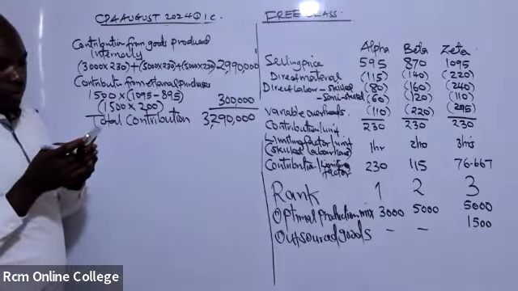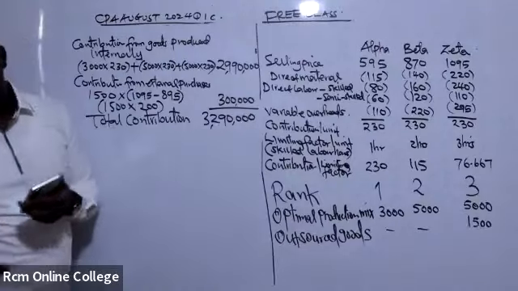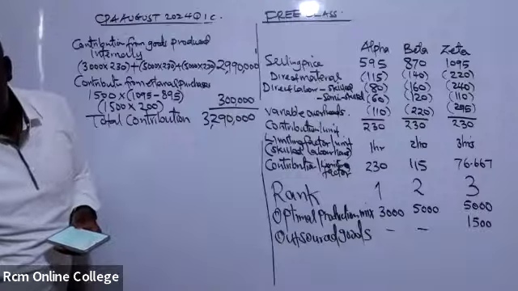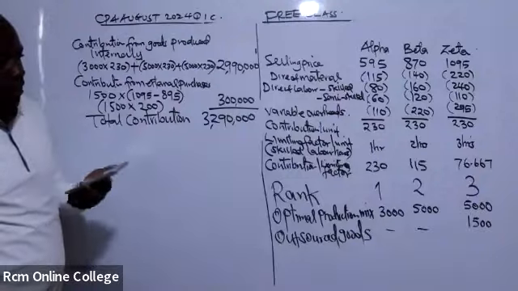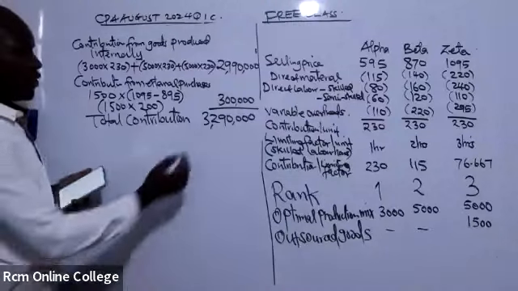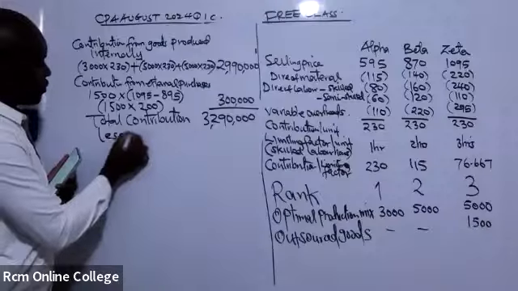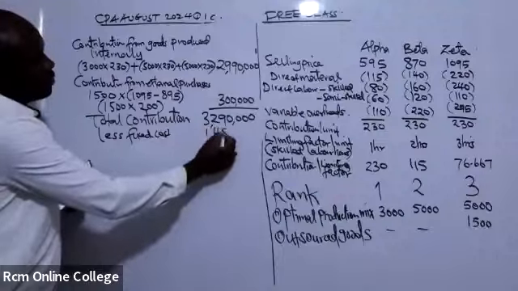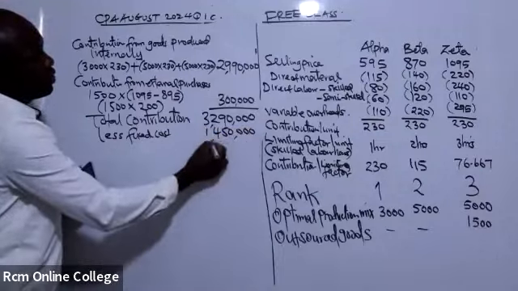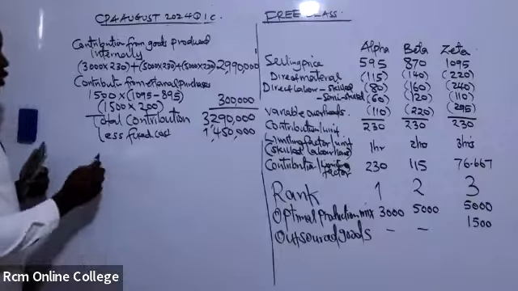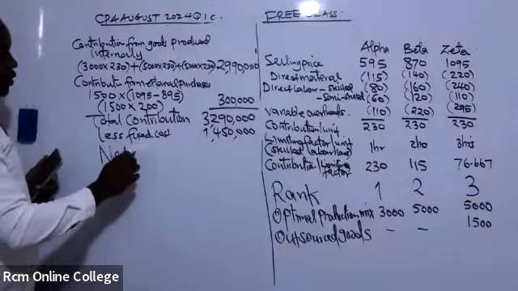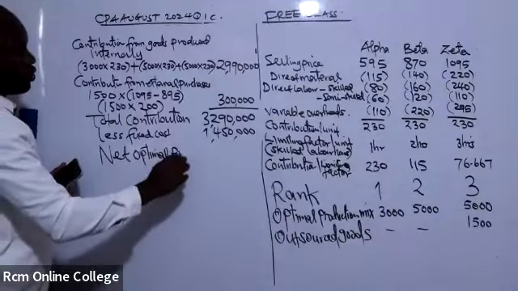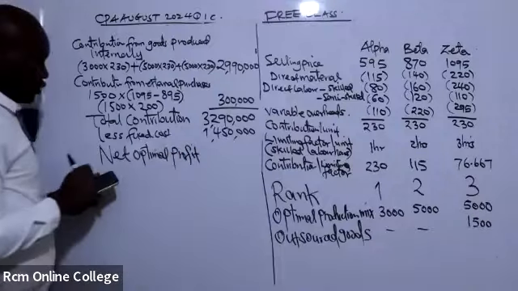So do we have the fixed cost? If yes, how much? Fixed cost ngapi? 1450,000. So less fixed cost of 1450,000. That will give us what we call net optimal profit. So what is the net optimal profit?